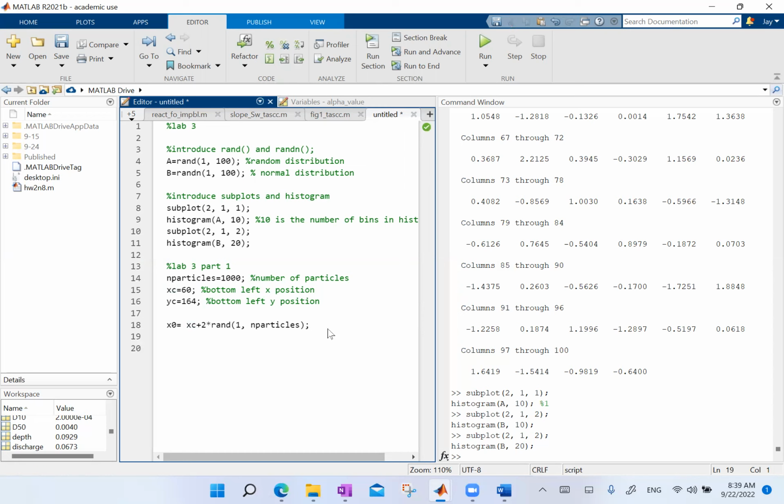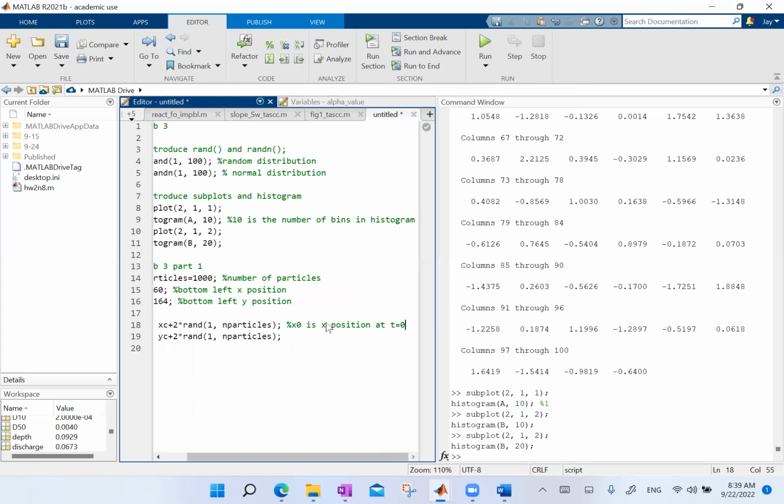And we do the same thing with the Y random positions. So Y0 equals YC plus 2 times rand, 1 row, again, number of particles. So X0 is the X position at t equals 0, and Y0 is the Y position at t equals 0.